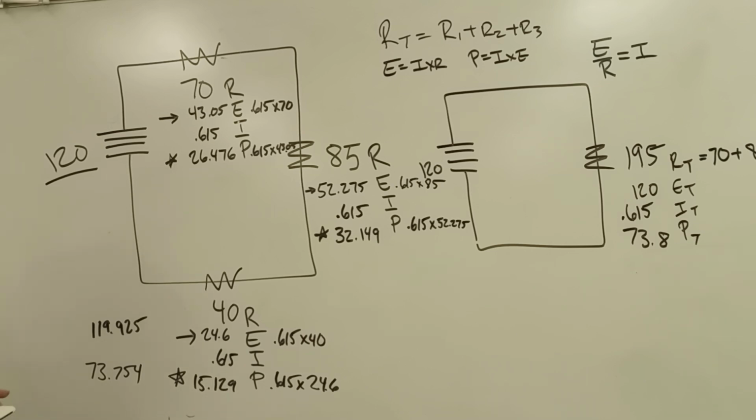So questions on our first series circuit that we solved? Or do we feel pretty confident with it? Or any questions with it? I'm saying I feel confident with it, but it's starting to make sense now.